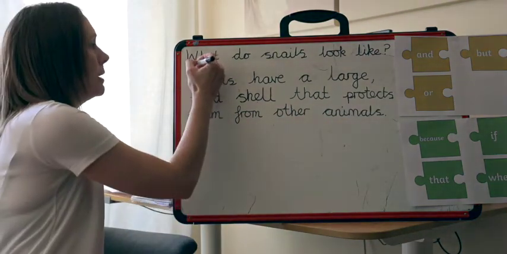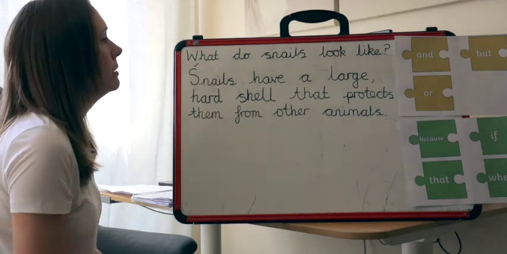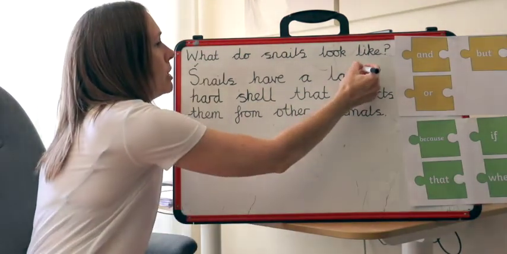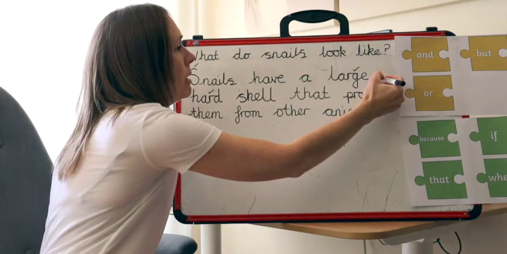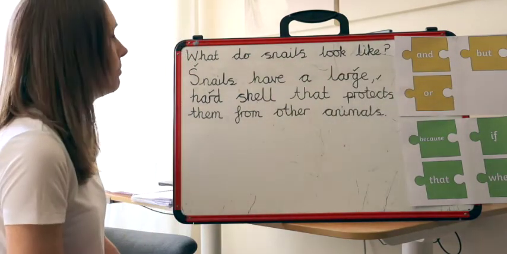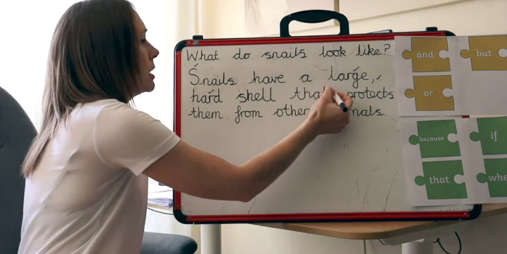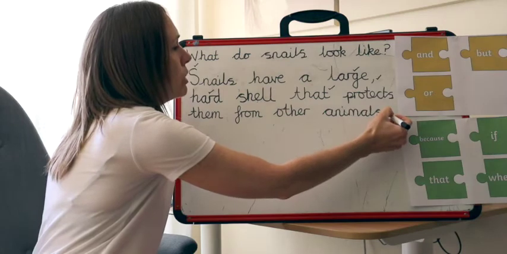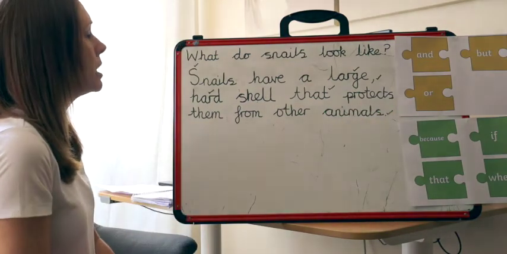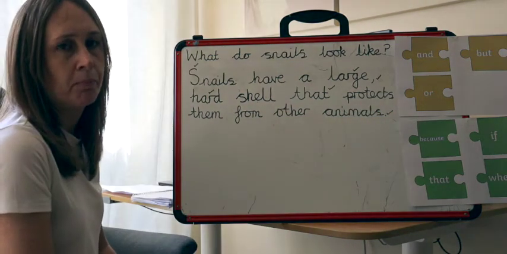So I've remembered my capital letter. I've remembered some adjectives. I've remembered to put in my comma when I'm making a list. I've remembered to use a conjunction, that. I've remembered my full stop, and I've remembered my joined up handwriting.